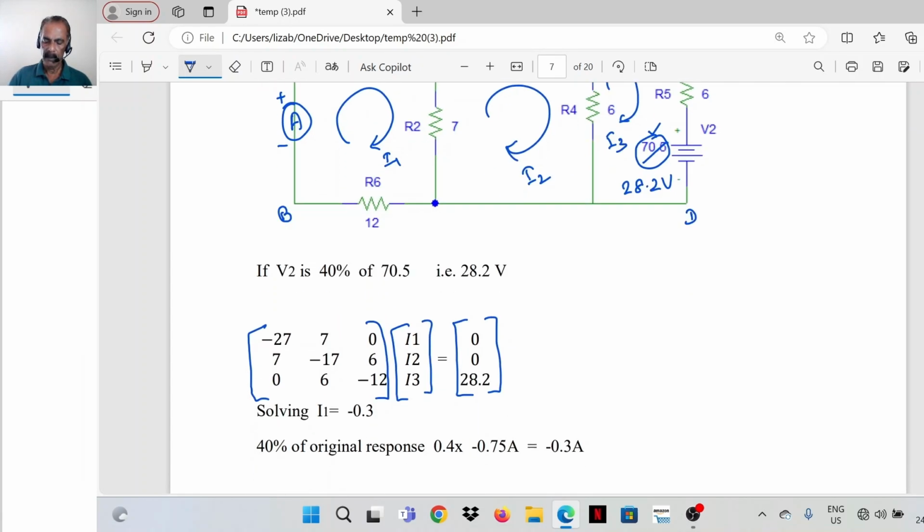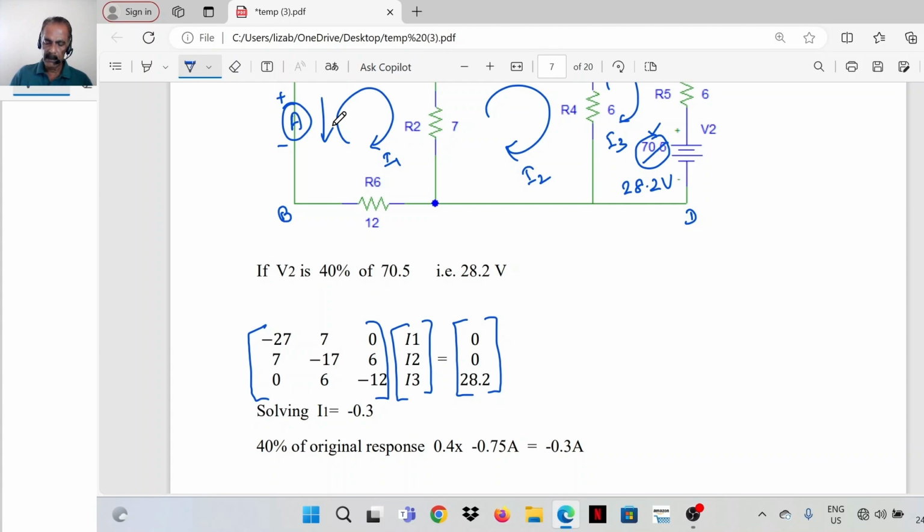So solve for I1. We'll get minus 0.3 ampere. That means actually the current is in the opposite direction. This is minus 0.3 ampere or plus 0.3 ampere like this.